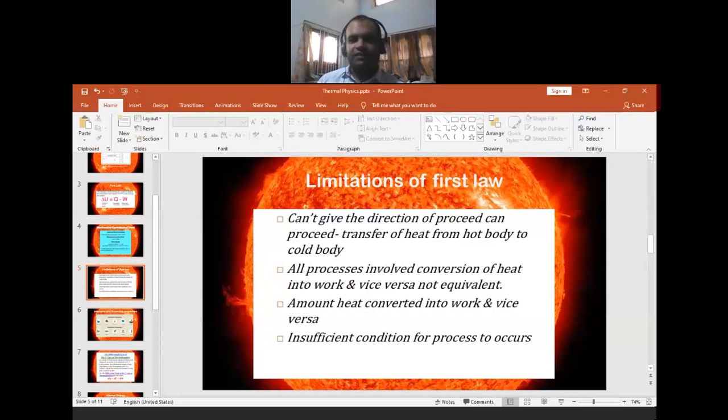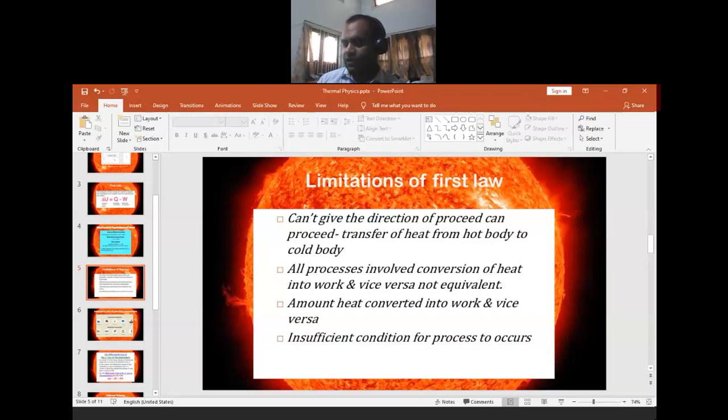What amount of that heat will get converted to work? Will all the heat get converted to work, or will all the work get converted to heat, and vice versa? These things are not very clear from the first law of thermodynamics.